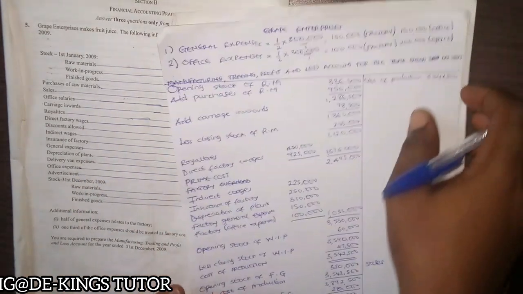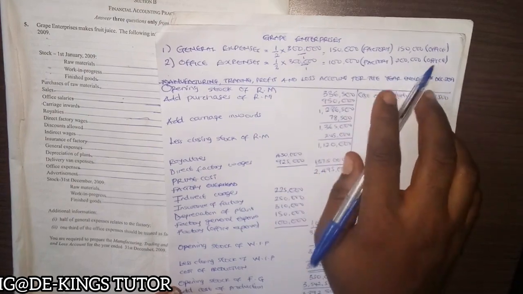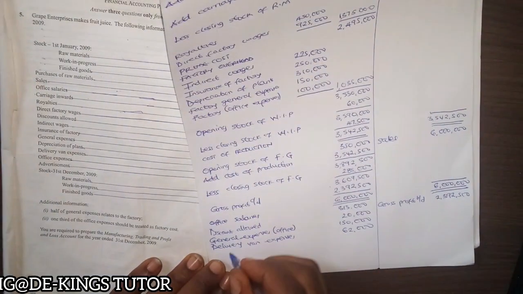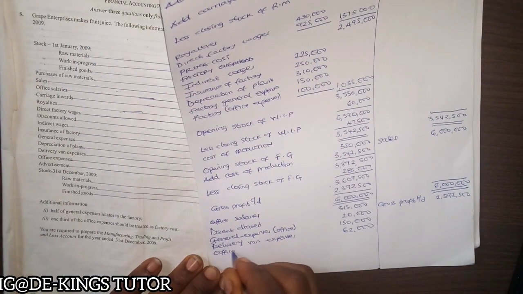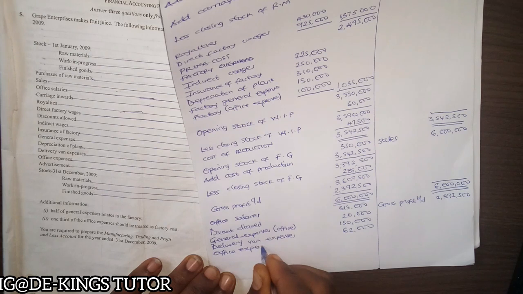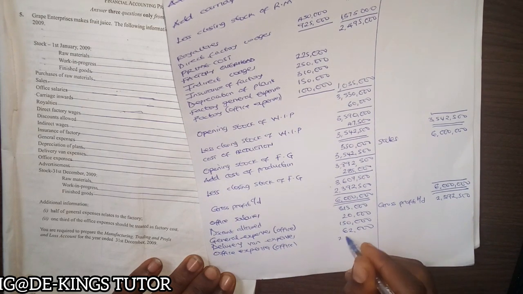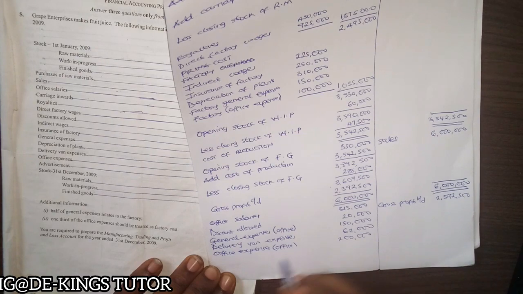The next one will be office expenses, 300,000. We did adjustments. Office expenses for office is 200,000. So we have office expenses, 200,000.